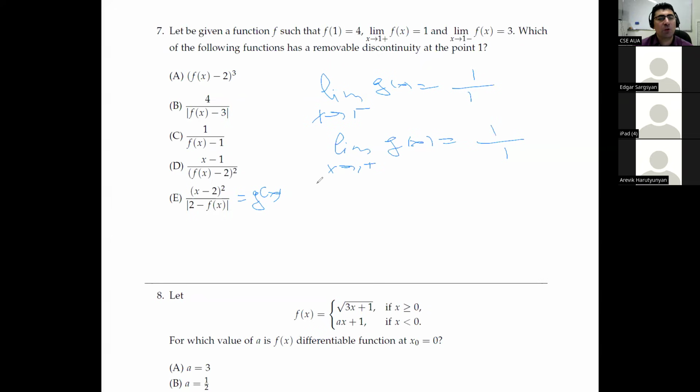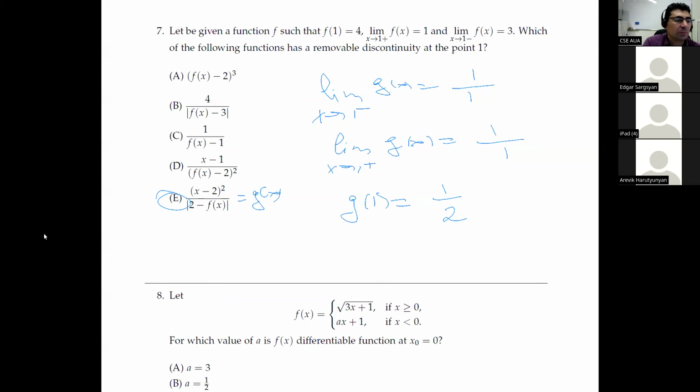So from both sides we have the same value. But what is the value of our g at point 1? If you plug in 1, we'll get 1 over 2 minus 4, just 1/2. So this is enough to say our function g has a removable discontinuity at point 1. Limits from right and left are equal to each other, but the value of our function at 1 is different. So the correct answer is E.